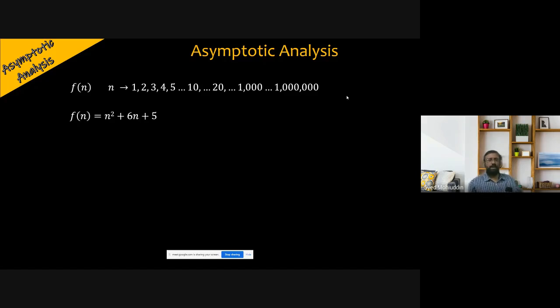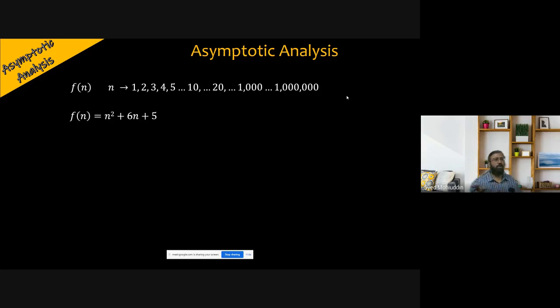What asymptotic analysis says is that for smaller values of n, the different degrees of the polynomial matter, but we are not bothered about small values of n here. We are bothered about large values of n. Even 1000 or 10,000 is a large value.